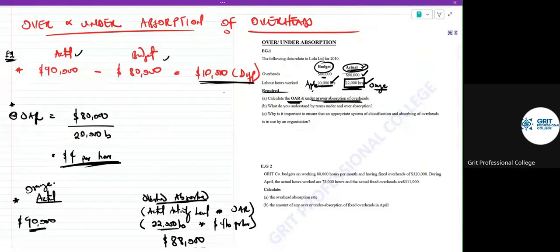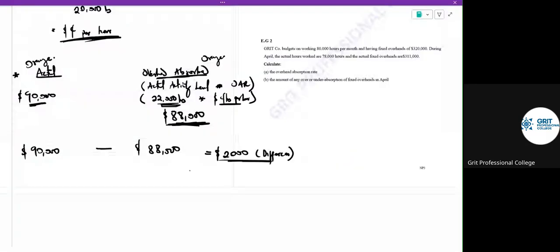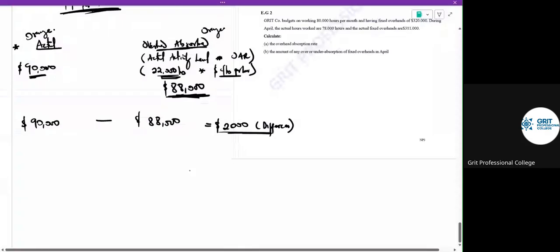Why? Apples and oranges. So in doing your actual over or under absorption, we have to make the two oranges. Okay, so orange and orange. And by the two oranges, we are saying let's use the actual activity level, which is an orange, and multiply by the OER, and that was the absorption.